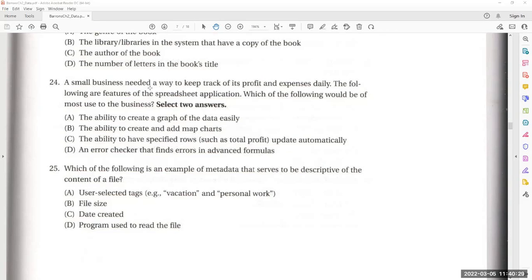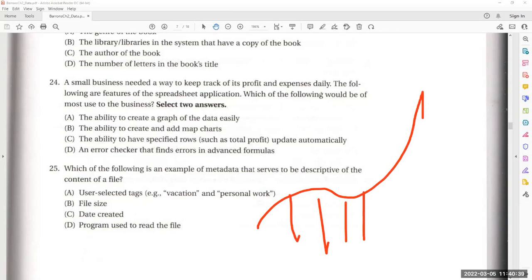A small business keep track of the profit and expense daily. So actually, you know about how much business you do every day. So there's a trending of that, okay? So the following features of spreadsheet, which would be the most use of the business. You got the information of daily profit and expenses. What you actually want would be able to do, okay?